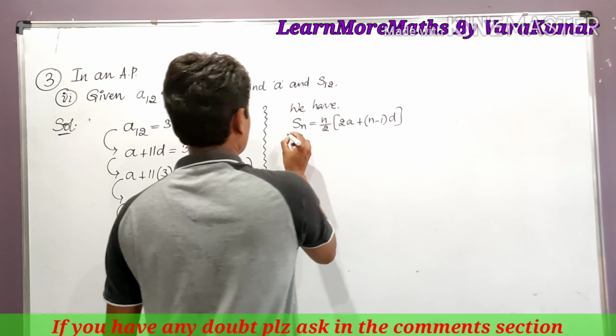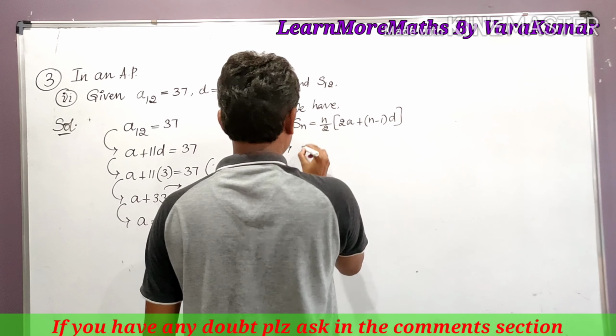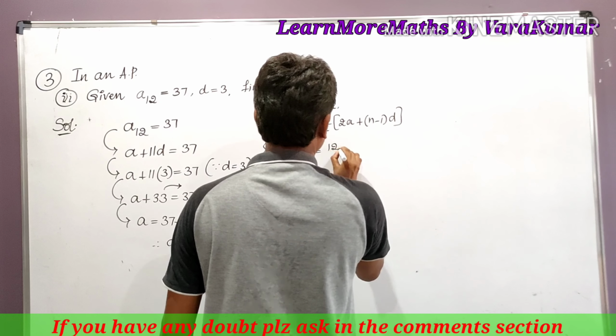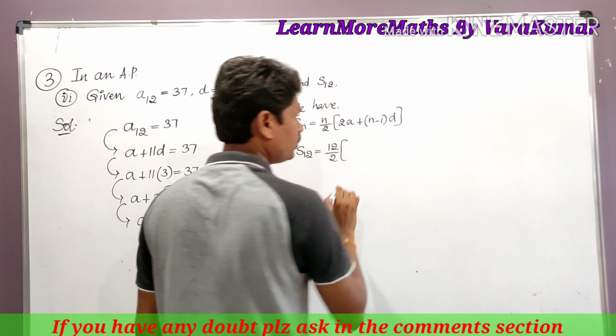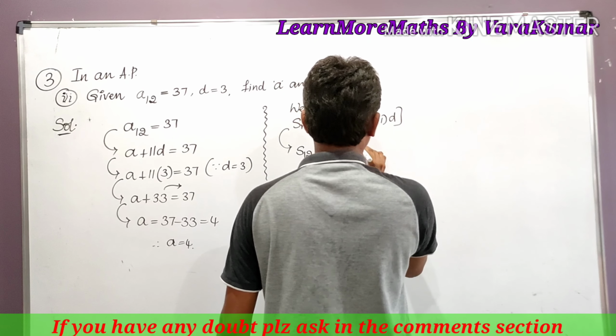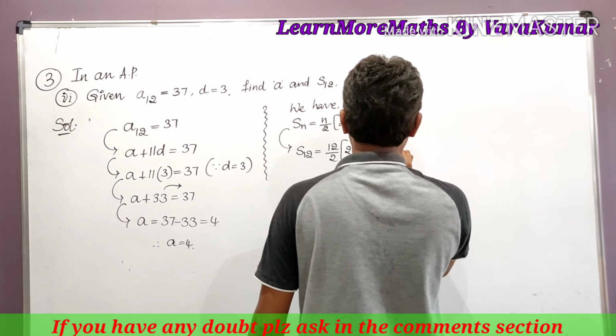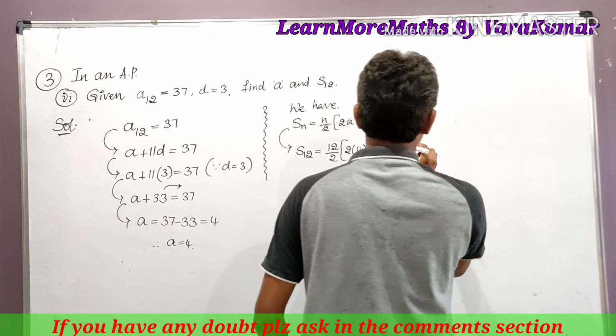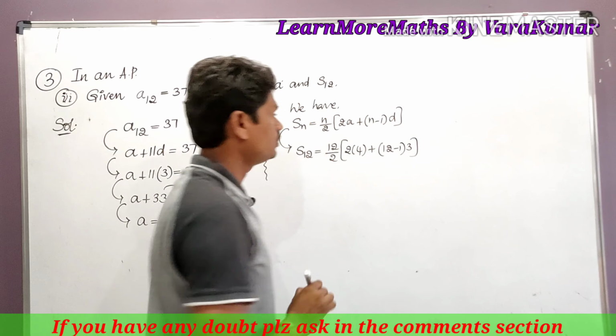Here S12 is asked, so n is equal to 12. That is 12 by 2 into 2 into 4 (a value is 4) plus 12 minus 1 into d, where d is equal to 3.